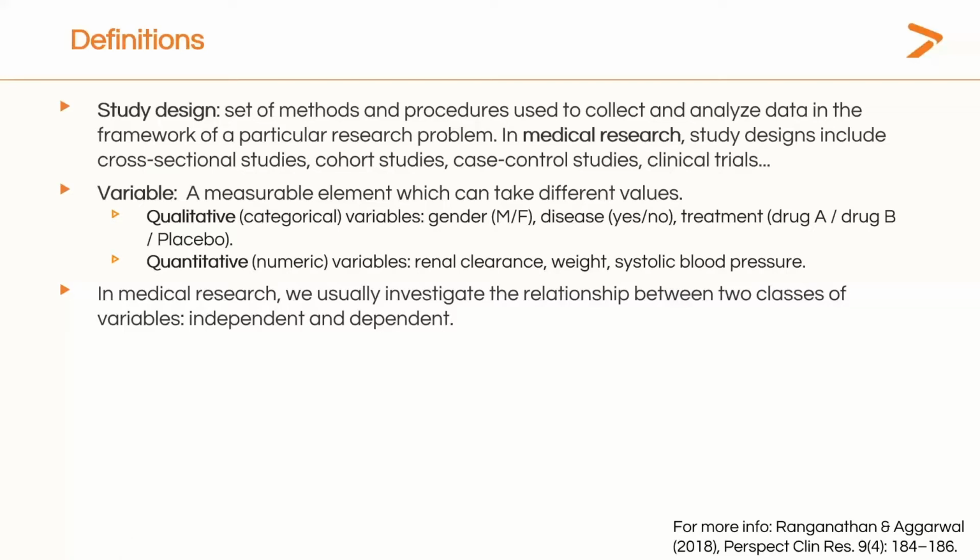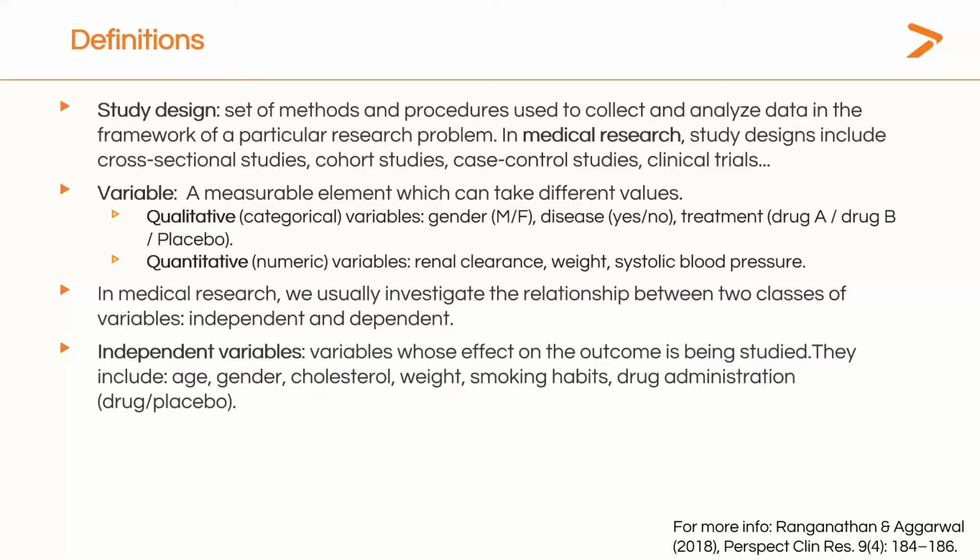And the independent variables include risk factors. For instance, the age, or the gender, or the drug which was administered, or the cholesterol concentration in the blood. Independent variables are the variables whose effect on the outcome is being studied, and they include age, gender, cholesterol, smoking habits, drug administration, drug or placebo.